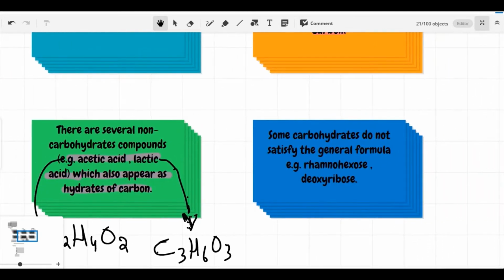The last key term, which is very important, is that some genuine carbohydrates, like rhamnohexose and deoxyribose, do not satisfy the general formula.